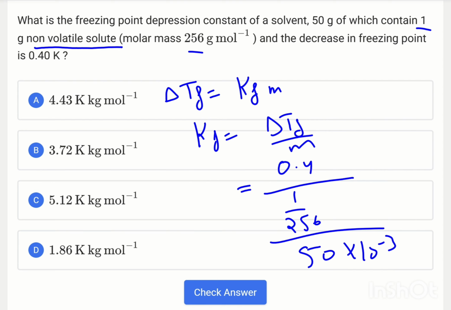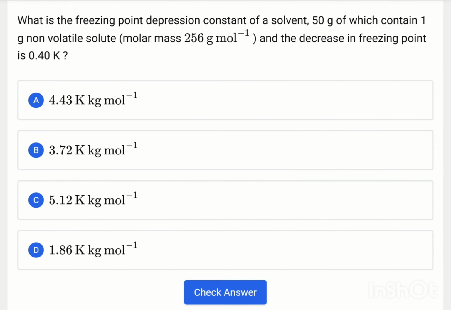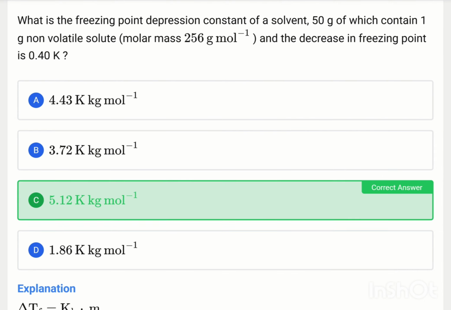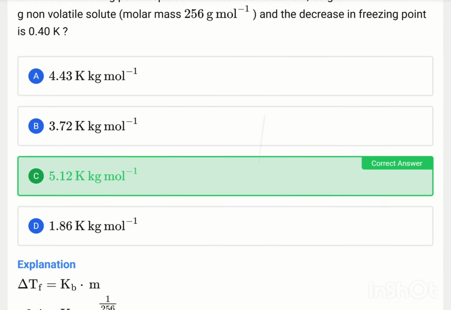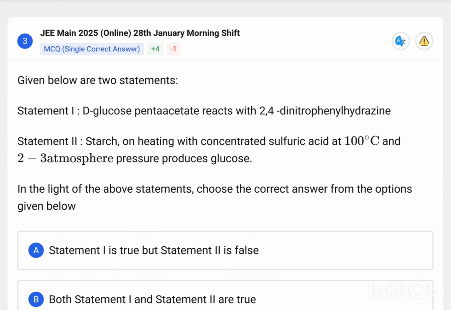So I am using the calculator to solve this value. It is approximately coming to 5.1. We will take 5.12. So this value matches the value that we needed. So C is my right option. Moving to the next question.